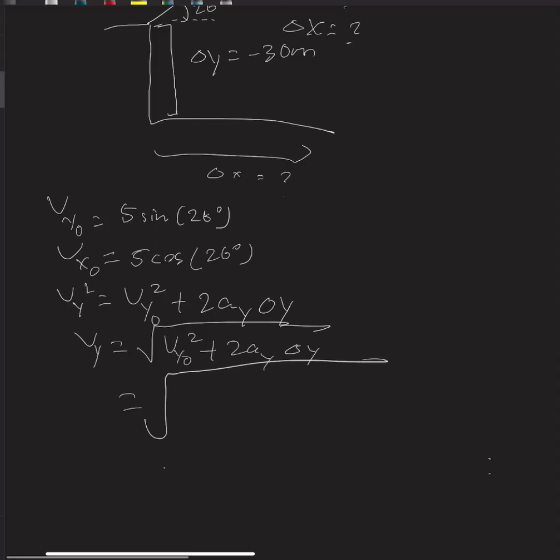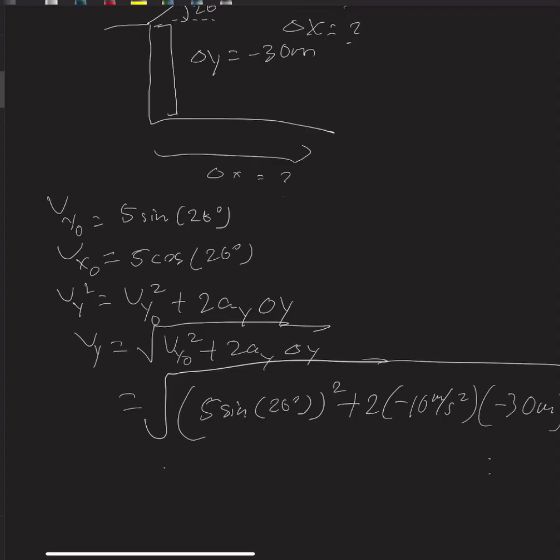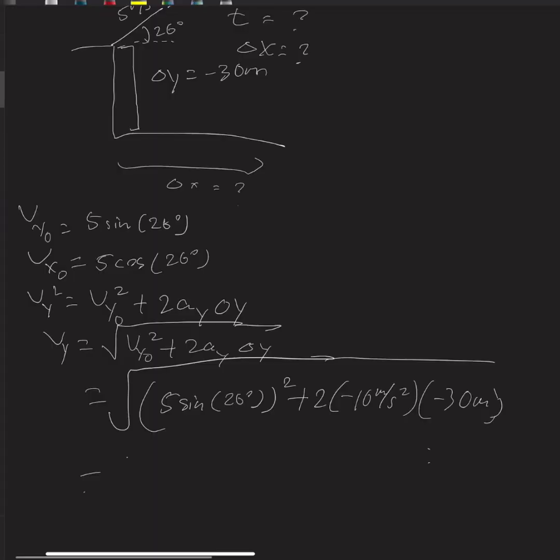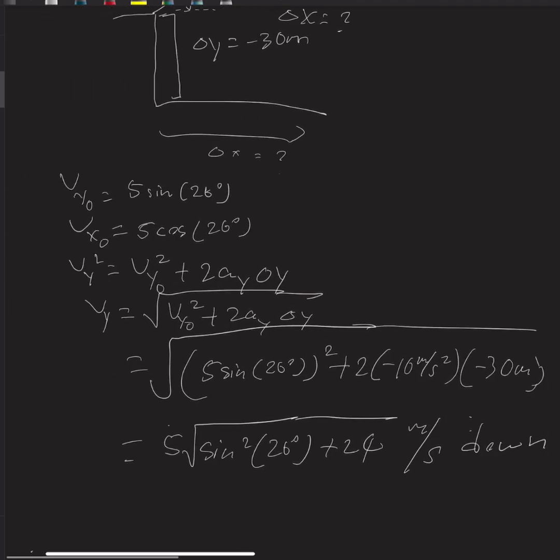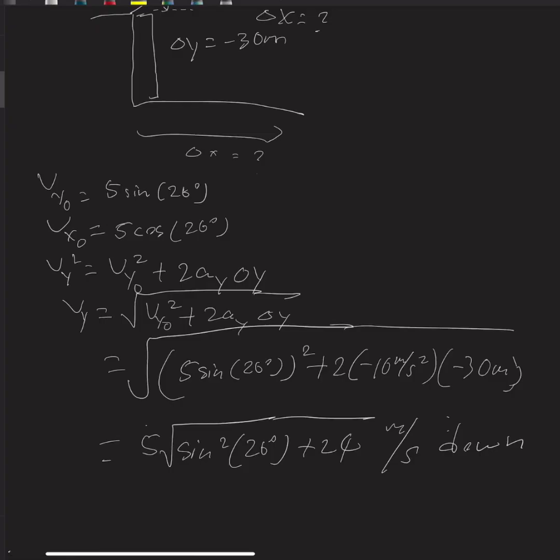The square root of (5 sine of 26 degrees) squared plus 2 times negative 10 meters per second squared times negative 30 meters. Which is 5 times the square root of sine squared of 26 degrees plus 24 meters per second down. We're not going to round it first because we need that result.